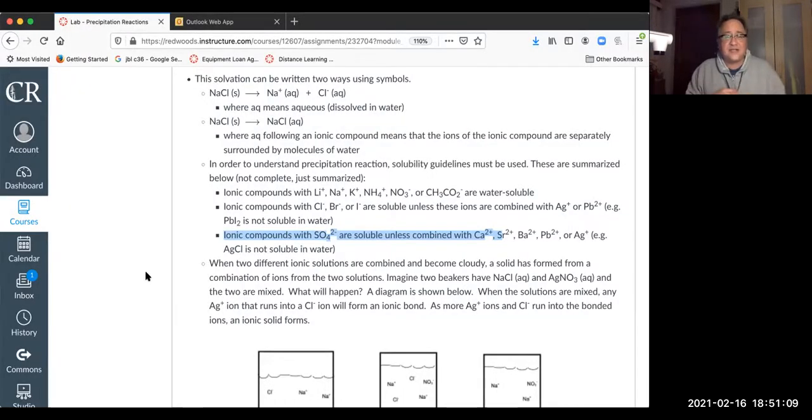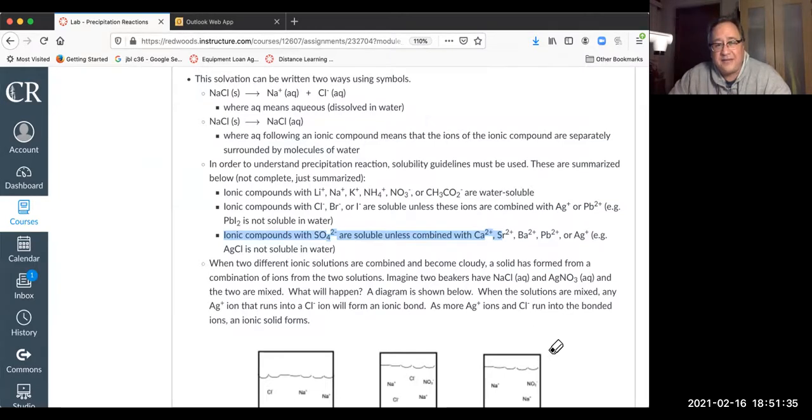So do you see how that says calcium in it? But the formula we're looking for is CaCO3. So that doesn't apply here. So this list here are things that are soluble. If they're not on this list, what's our assumption? The answer is not soluble.